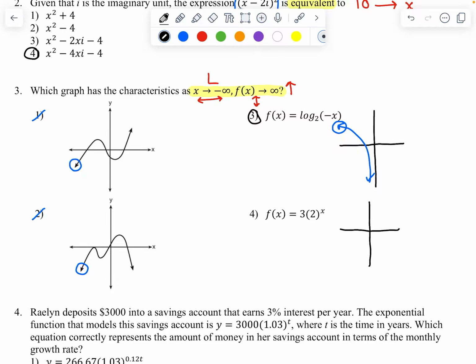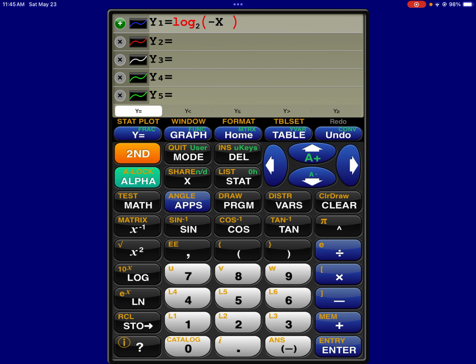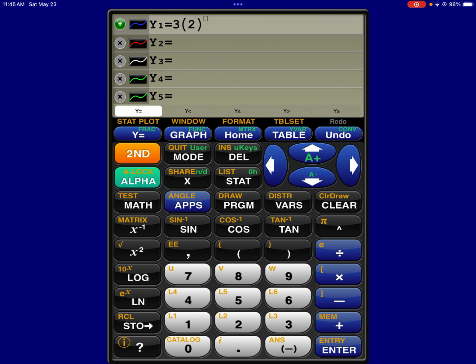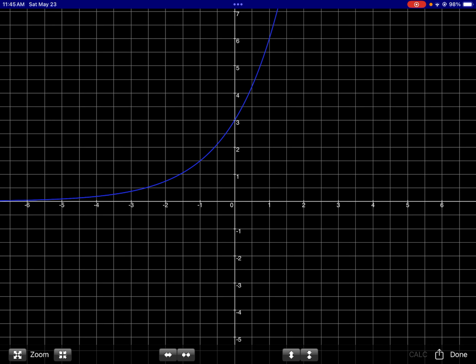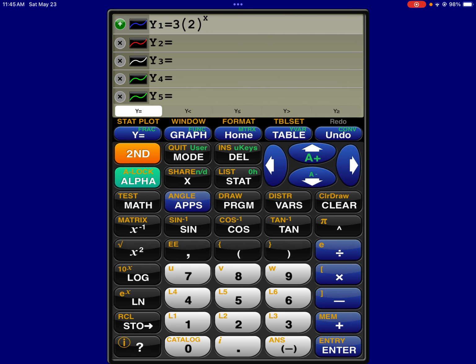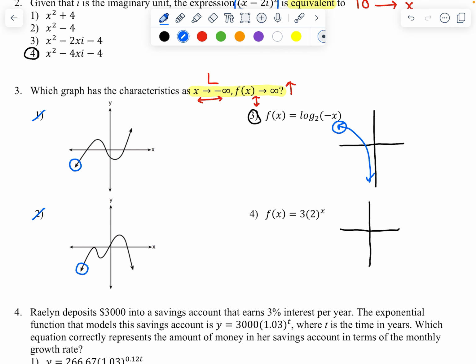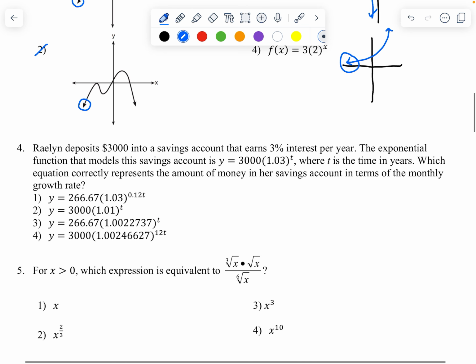So when I have 3 times 2 to the x, let's look at it. Okay, it looks like the left side is actually going down. Okay, so this looks like it's going like this. Okay, so choice 3 is the answer.